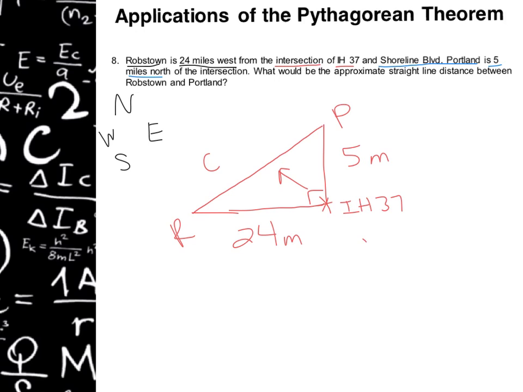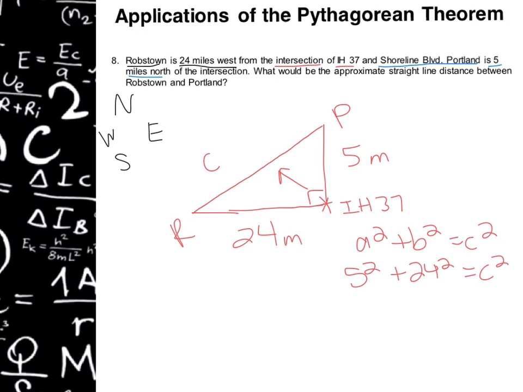To figure that out, I need our Pythagorean theorem, which is a squared plus b squared equals c squared. I'm solving for c, so I need to take 5 and 24 and plug them in for a and b. So I'm going to plug 5 in for a, 5 squared plus 24 squared equals c squared.